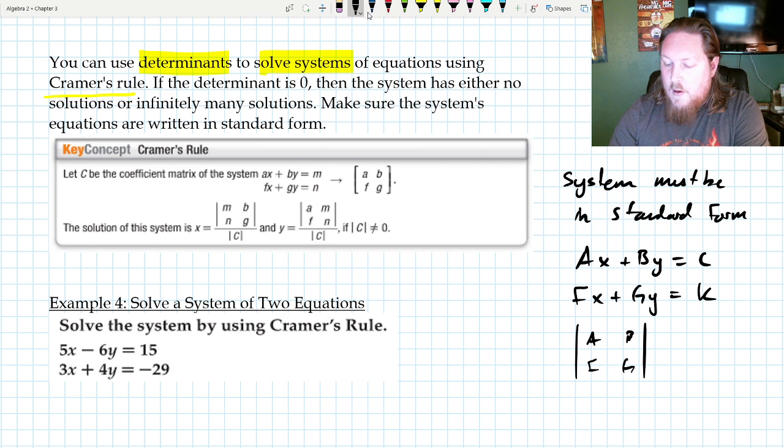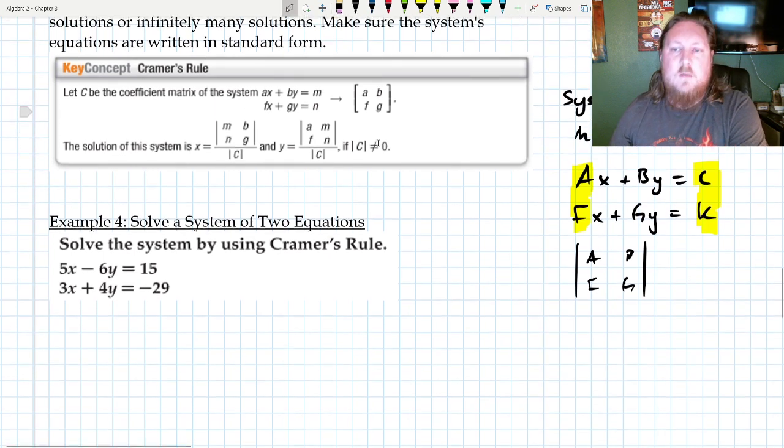Then we find the determinant again, but if we're trying to find x, instead of using a and f, we replace them with the two constants. And then we divide the two numbers. So let's break it down and see what's happening here.